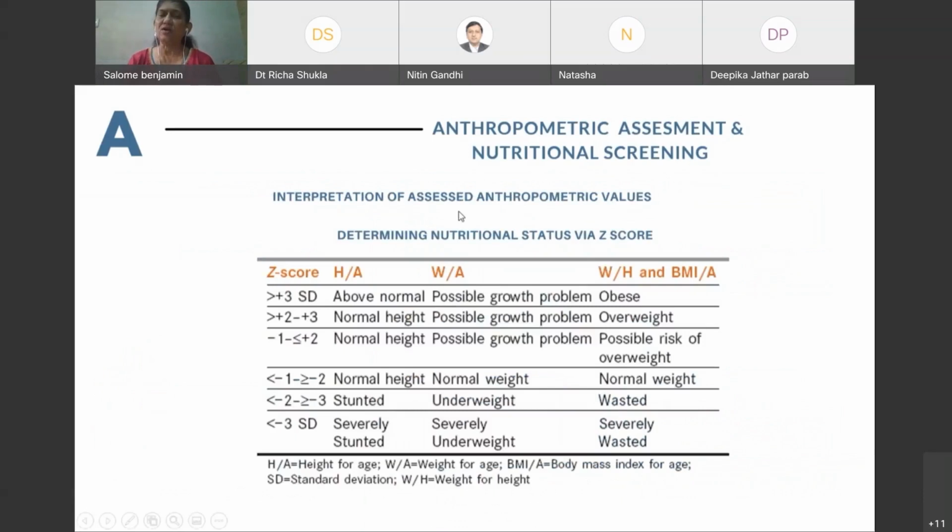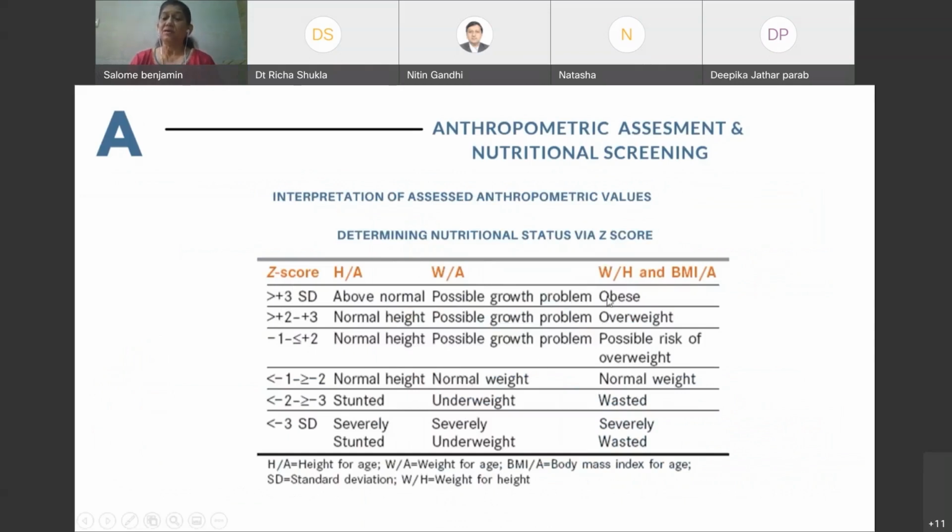When you download these Z-score charts, you will see how to determine nutritional status via Z-score. There is more than +3 SD above normal, +2 normal height. I'm not going to go into the detail.